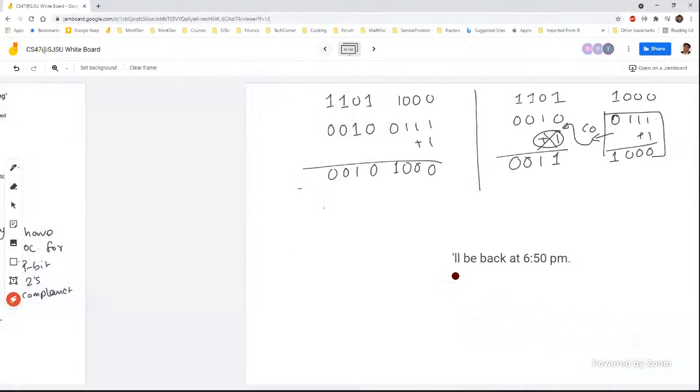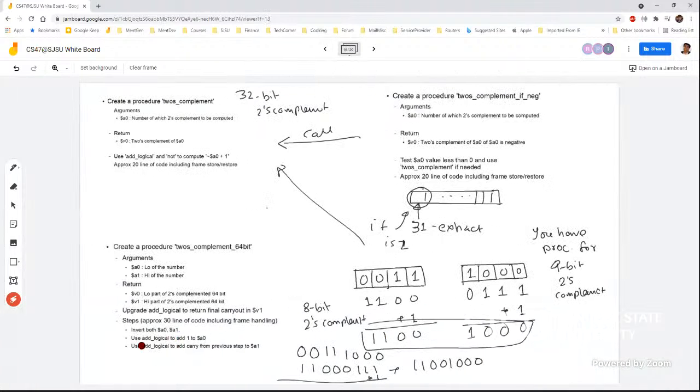So we will invert both, then use add logical to add 1 to A0, intercept the carry out from that addition, and add that carry out to A1. To do that, you must also upgrade your add logical procedure to return the final carry out bit in the V1 register.